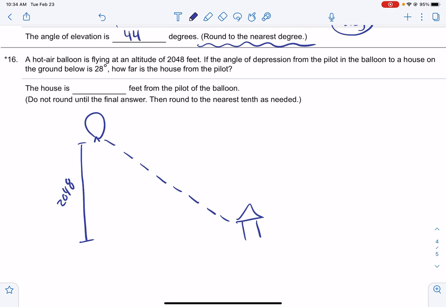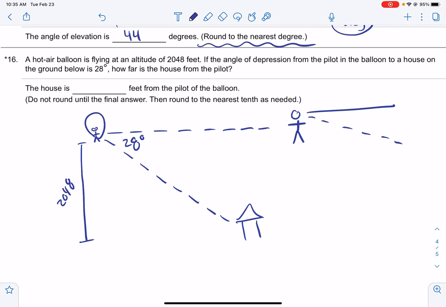Well, what an angle of depression means is if you are looking straight ahead, an angle of depression is the angle that you would be looking down instead of straight ahead. So in this picture, if the person in the balloon, let's draw the person in the balloon, if they're looking straight ahead and they look down at the house, it creates an angle of 28 degrees.